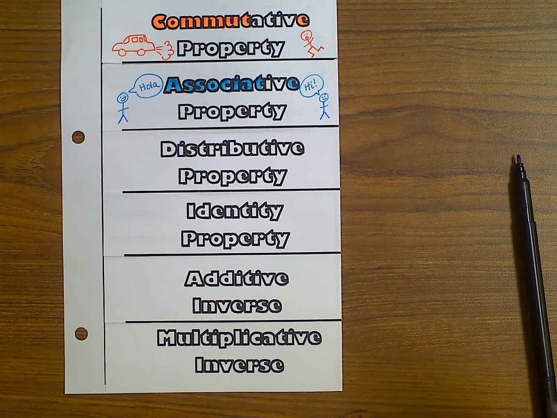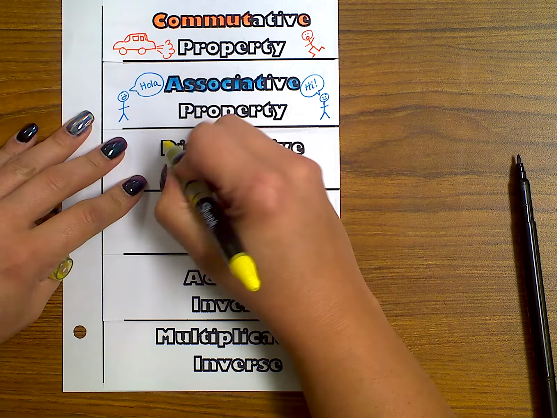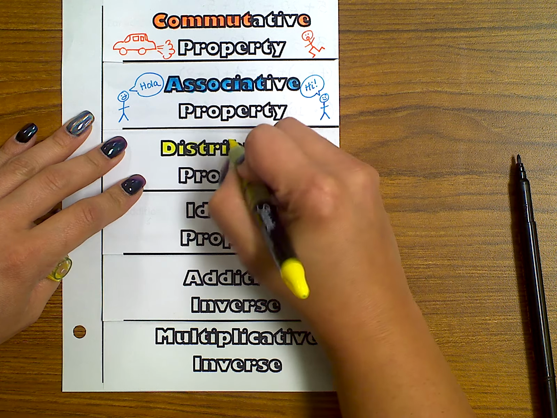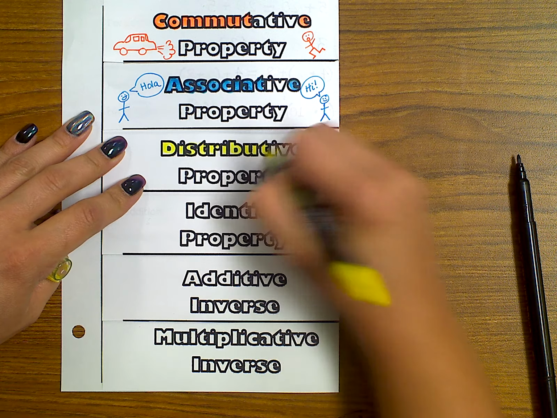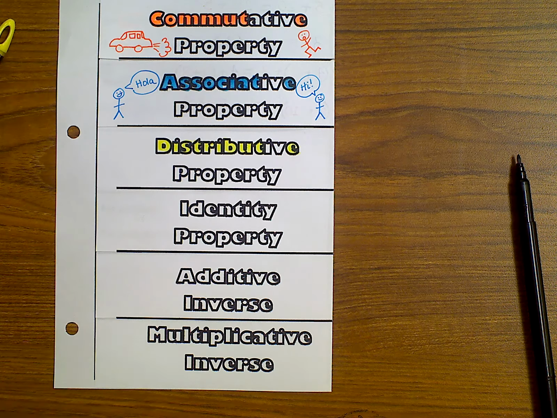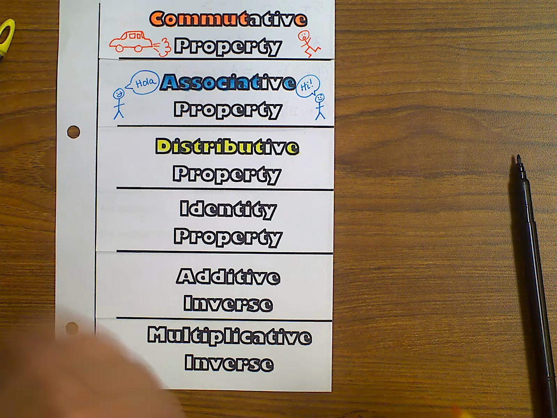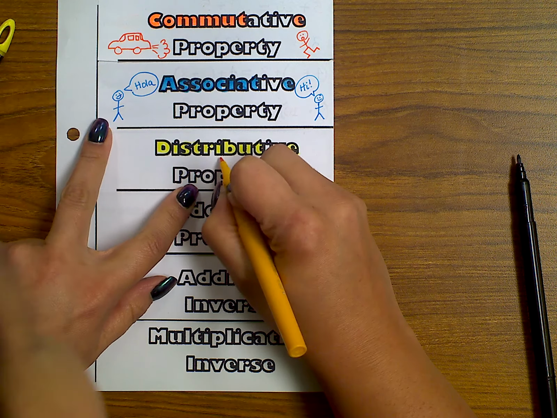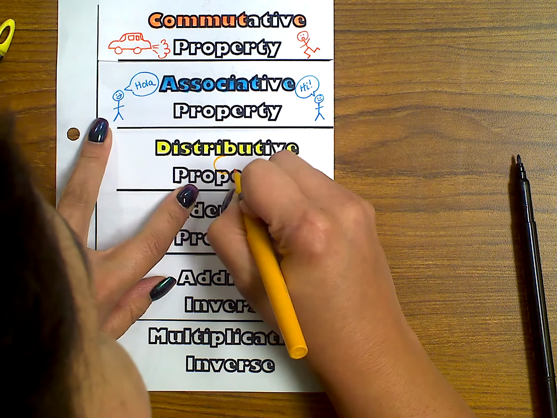Distributive property. I think distributive property is probably the only one that everybody remembered. And so the key term here would be distribute. You told me you can distribute out papers, and then you told me we could distribute out food. And I love that idea, probably because I was just hungry.